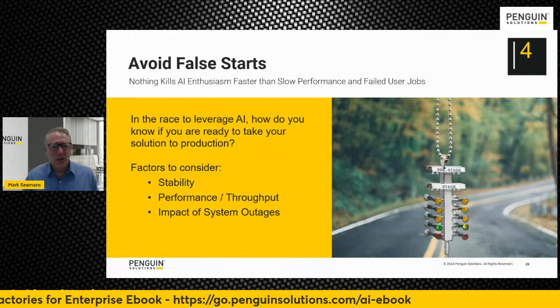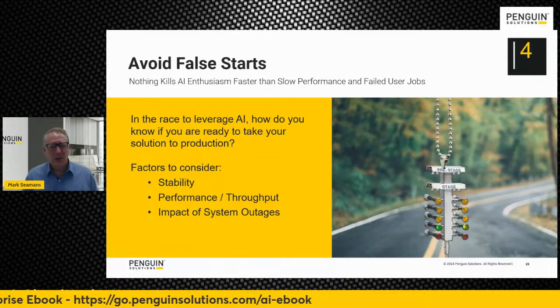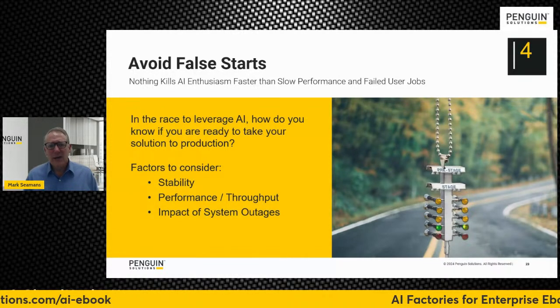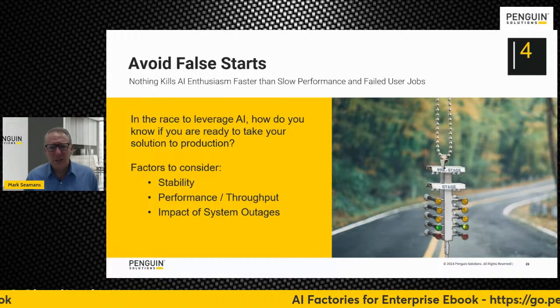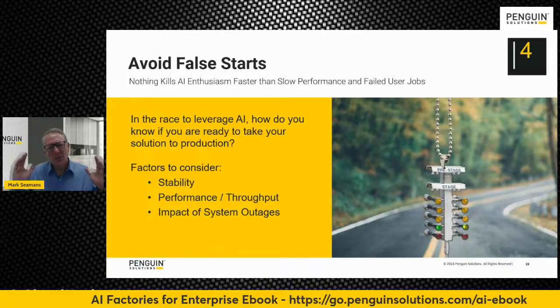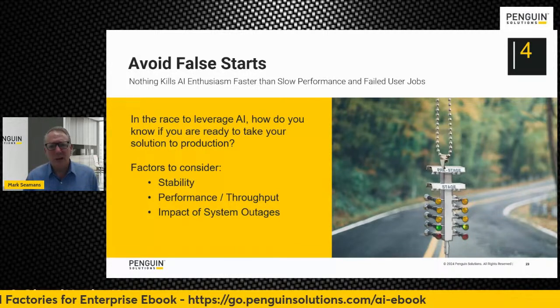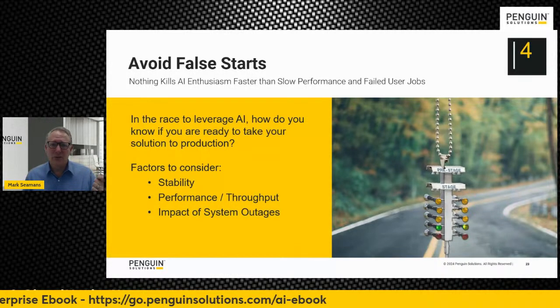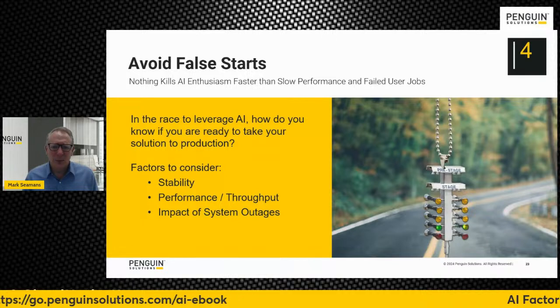So this is all about considering factors around stability, performance, throughput, and anticipating the impact of system outages. What can you be doing to get to production, and once you get there, to know that I'm stable and I'm ready to go, and I didn't pull the trigger too early to turn this system on for users?